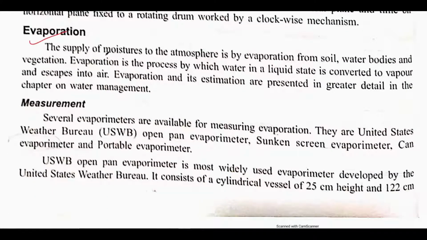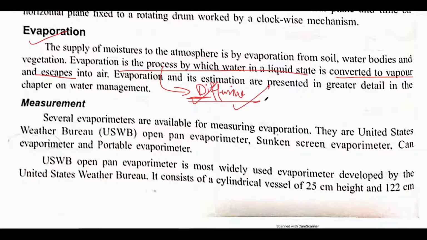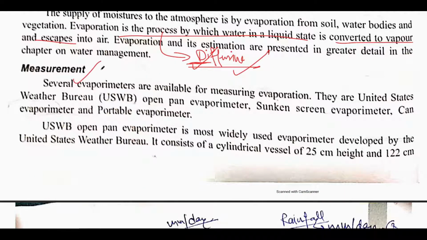Now evaporation. Evaporation is a process by which water in liquid state is converted into a vapor state. The important thing is that evaporation is a diffusive process. Remember this, that evaporation is a diffusive process. Now talking about the measurement of evaporation, there are various instruments that can be used.